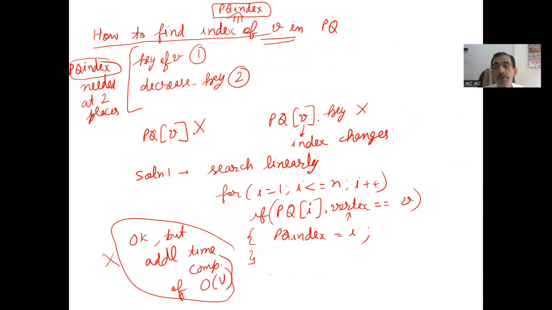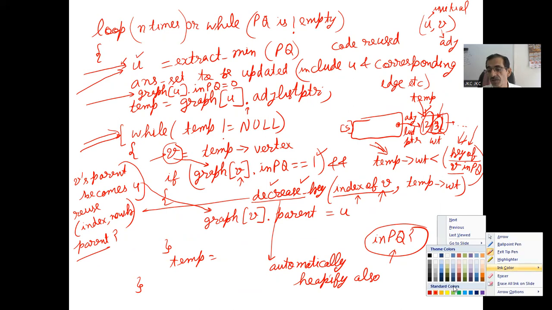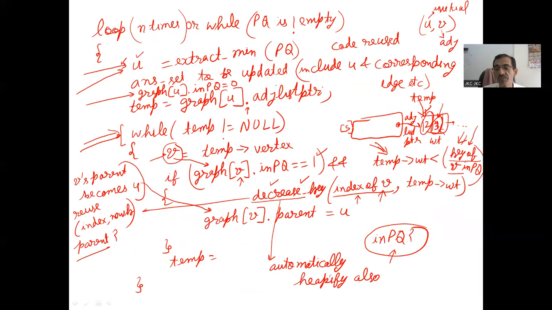Just going above in the code, if you remember, here I needed the index. Let me have a different pen so that I write with a new color now. So this index becomes effectively nothing but current index, which is equivalent to saying graph V dot PQ index.